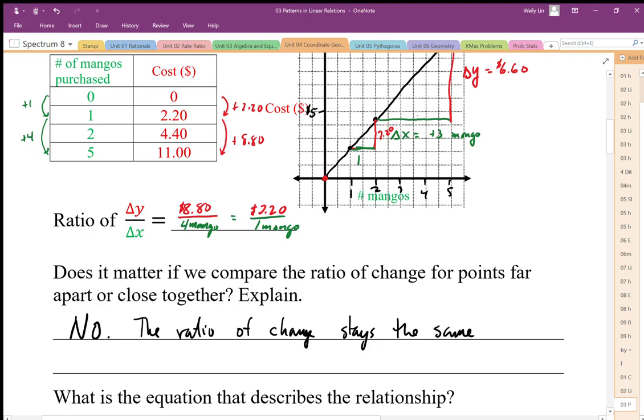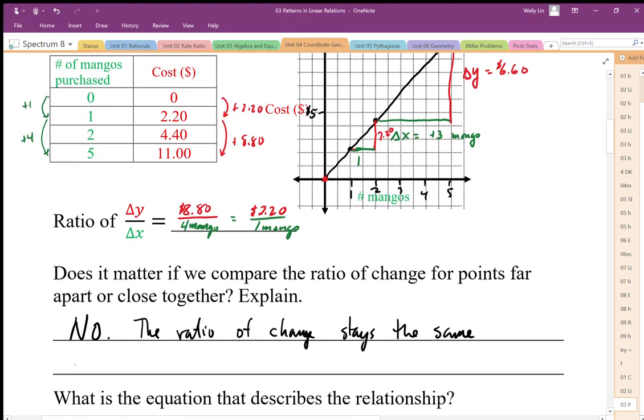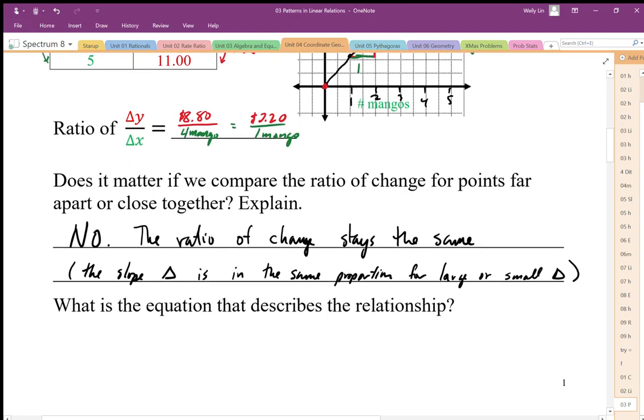We could also see that in the slope, we're using the slope triangle, and we can alternatively say the slope triangle is in the same proportion for large or small triangle. It doesn't matter, because they are similar triangles.